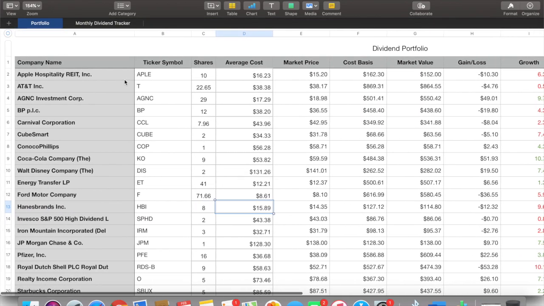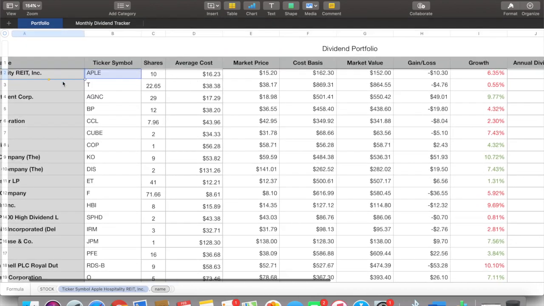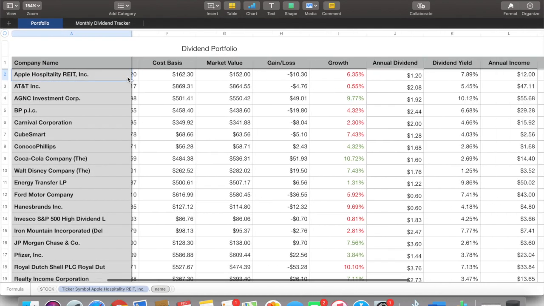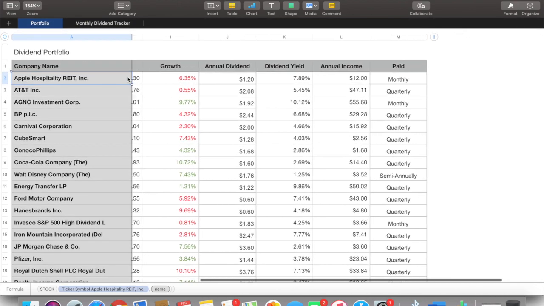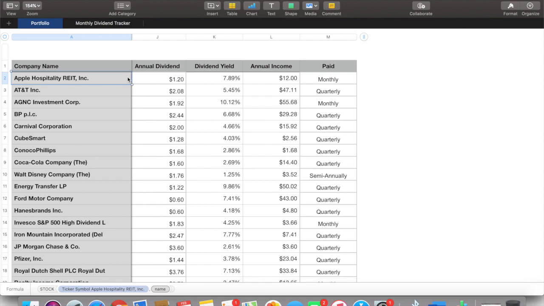I'm just gonna freeze header rows. Freeze header columns. Bring it over, and then the annual dividend for Apple Hospitality. So one share, for a total cost, I think it's about $15 right now to own one share of Apple Hospitality. They pay $1.20 for that one share all year.